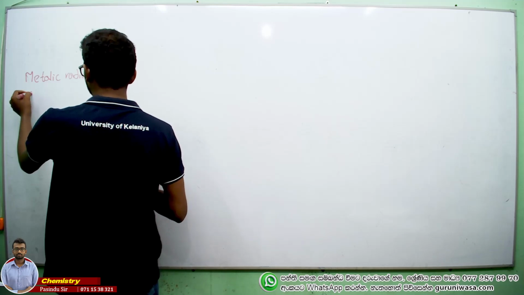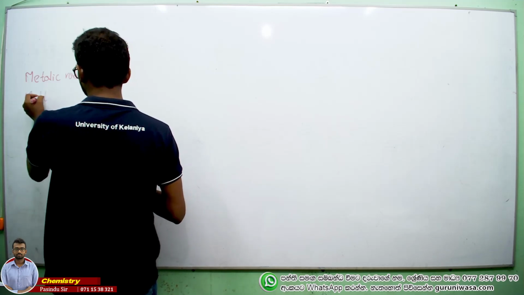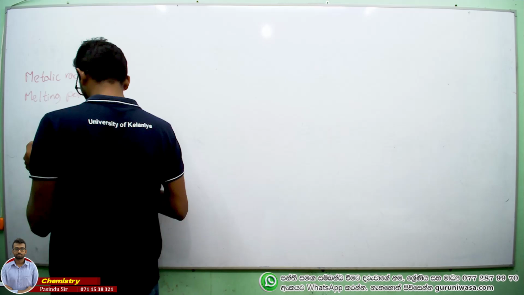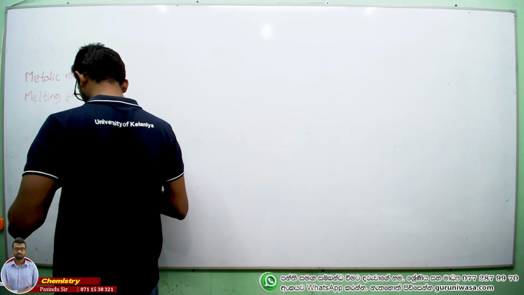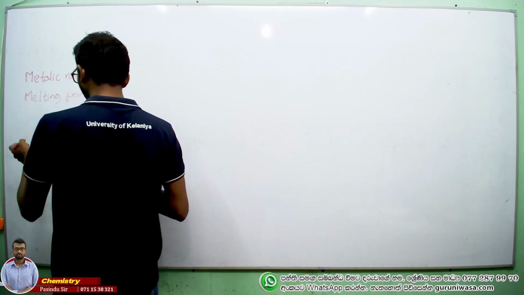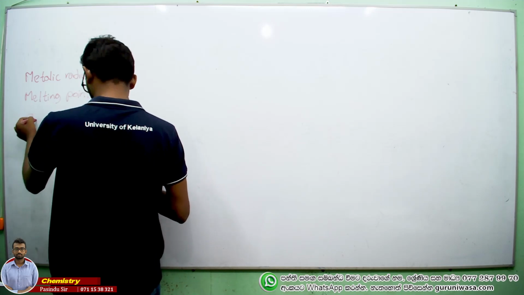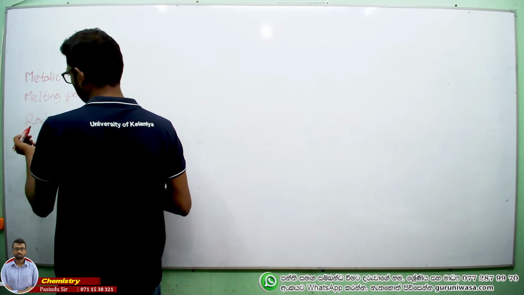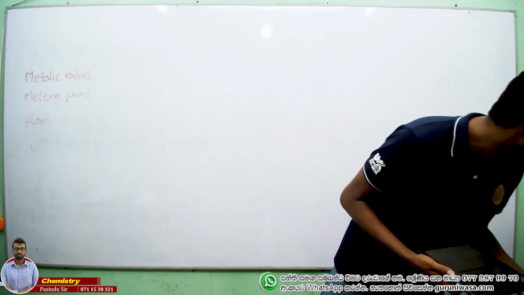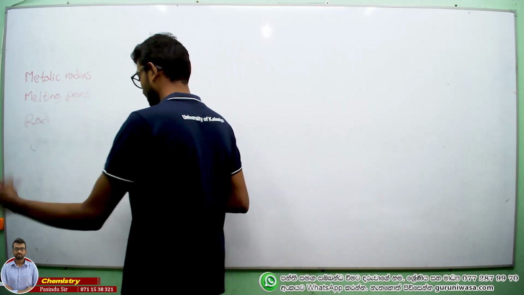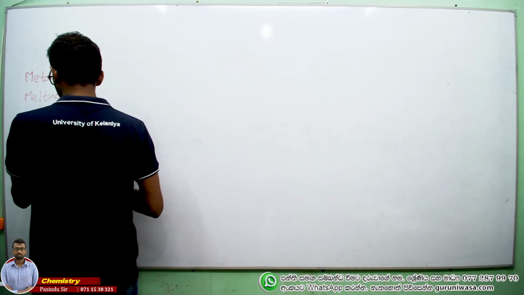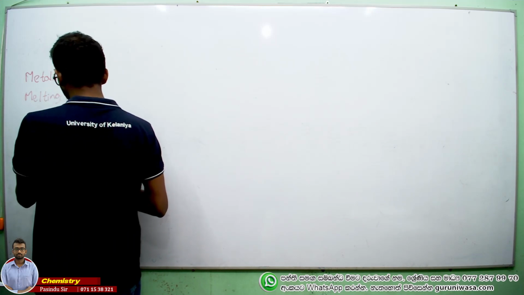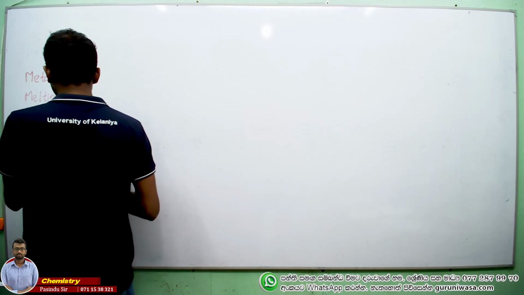Next one, melting point. Radius. Can you see the board? Hardly.